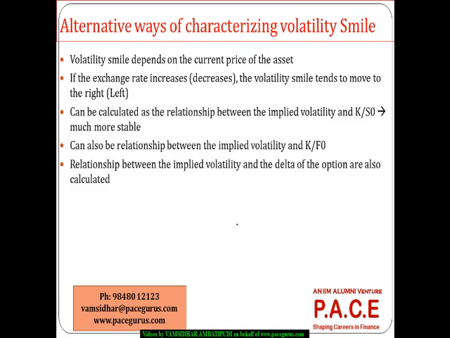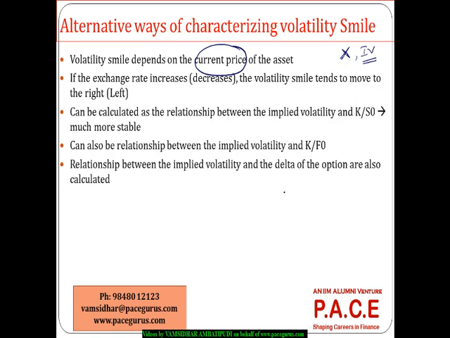Now, alternative ways of characterizing the volatility smile. So till now, whatever is the shape of the volatility smile that we have plotted, we have taken the strike price on the x-axis and the implied volatility on the y-axis. What we are also saying is the volatility smile depends purely on the current price of the asset, right?